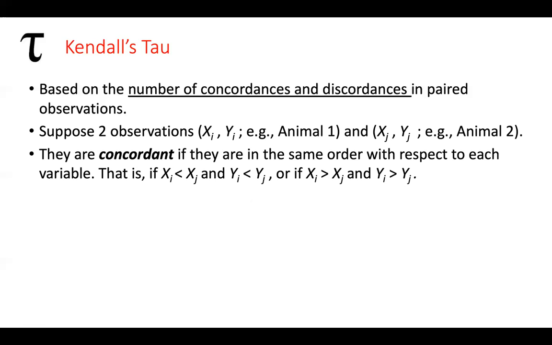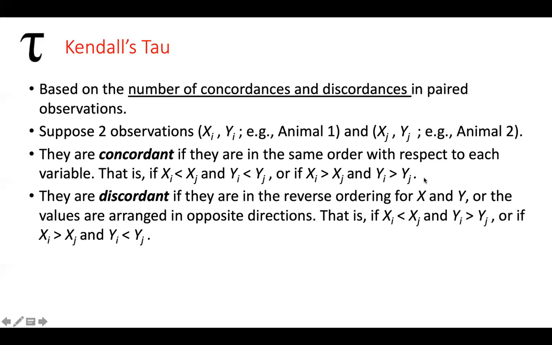And the other way around: if they eat more than the other animal and also jump higher, then it would be a concordant observation. However, if one animal eats more than the other but jumps lower, so it doesn't jump as high as the second animal, then that would be a discordant pair.